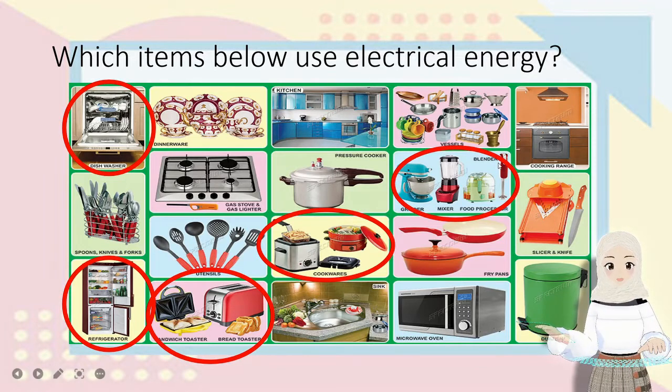These items, ada blender, food processor, mixer, grinder, all of these use electricity. Salahnya tempat-tempatnya ni, blender is this one, mixer is this one, grinder is this one. This is actually a mixer, ani mixer, blender, ani kali grinder, ani food processor. Next one, microwave oven.